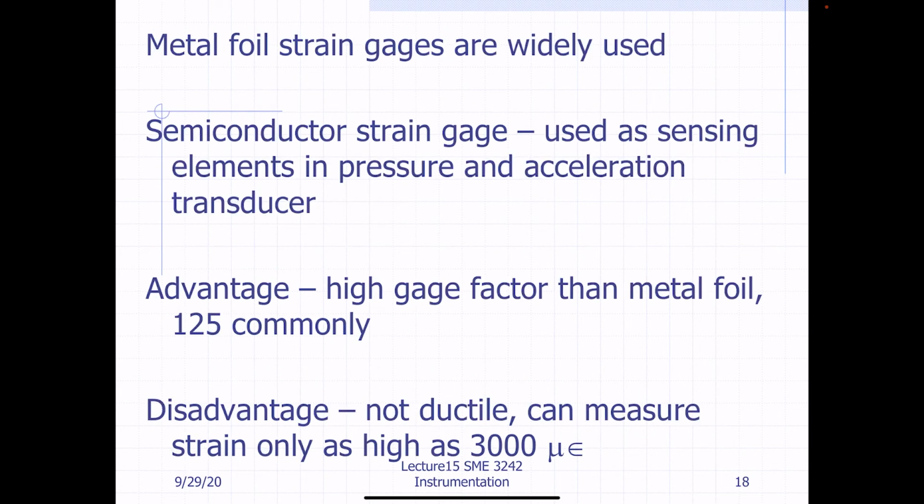However, there is also the semiconductor strain gauge, normally used in pressure and acceleration transducers. The advantage of the semiconductor strain gauge is that it has a higher gauge factor than metal foil, which is commonly 125. The disadvantage is that the semiconductor material is not ductile and it can only measure low strain, which is around 3000 microstrain.